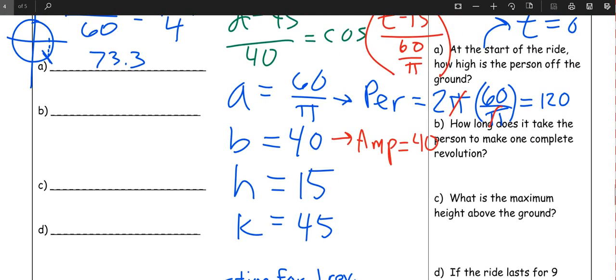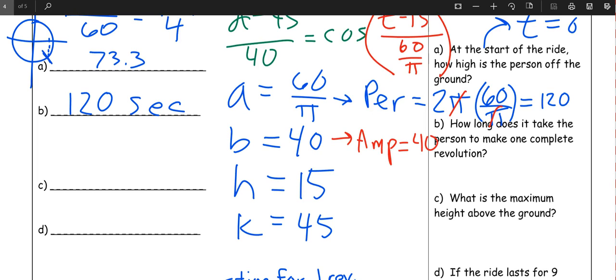Question B, how long does it take the person to make one complete revolution? I vote for 120. Do you agree or disagree? You better agree. Folks, if you know the period of the function, you know the answer to the question.